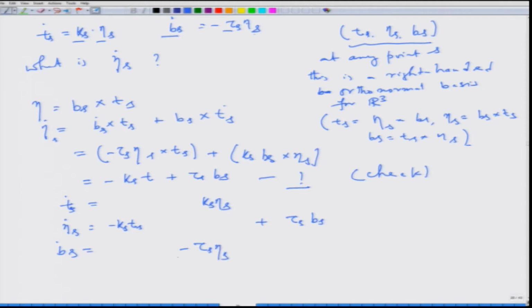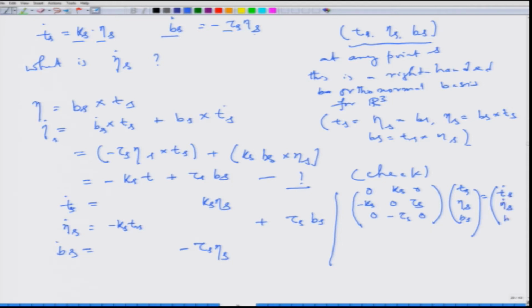I am writing it for a purpose, because I have to write it in matrix form. What I have is the matrix with rows (0, k(s), 0), (minus k(s), 0, τ(s)), (0, minus τ(s), 0), times the vector (T(s), η(s), B(s)), equal to (T'(s), η'(s), B'(s)).